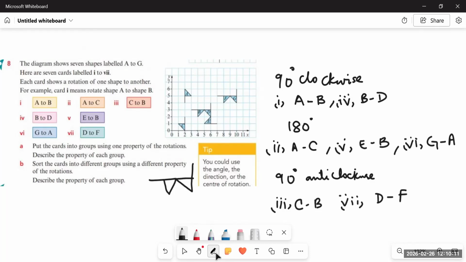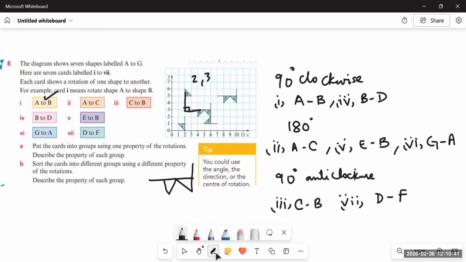Or what else you can do is you can make the groups according to the center of rotation. So we have center of rotation. The first center of rotation would come at 2,3. Okay, so the center of rotation for A to B is, yes, see, for A to B it is 2,3, right?